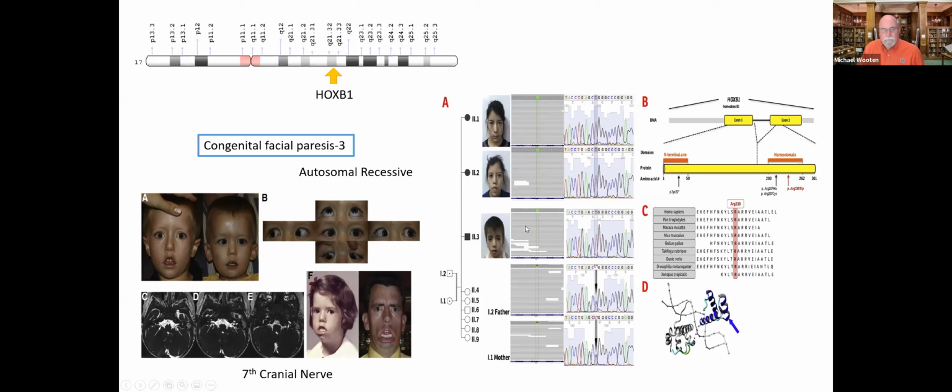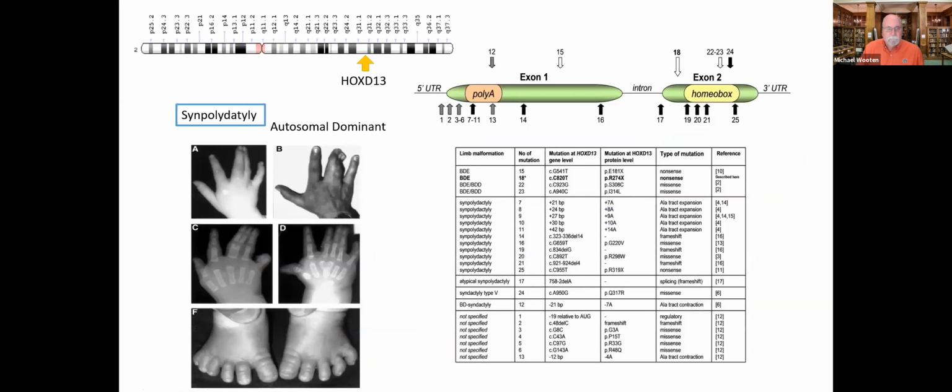And in doing that, you end up with the seventh cranial nerve not forming correctly, not being fully mature. The cranial nerve comes forward this way, and in the facial droop, the eyelids aren't able to function completely correctly, and you just get a full facial droop that's found here. So it's a Hox gene problem. There are again a number of different variants of this, but this is one of them.